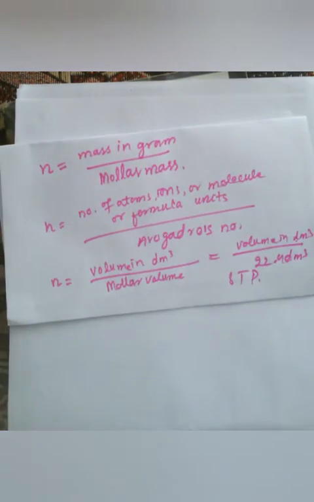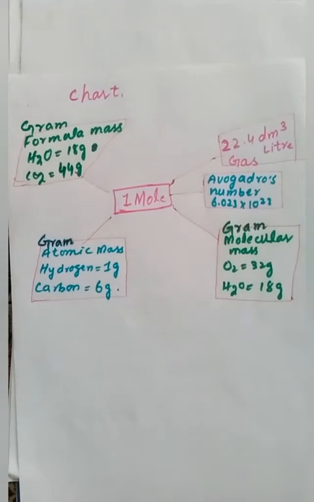These are the few formulas you should memorize for mole calculations. Okay student, you have to memorize this chart. It is very important, especially for competitive examinations. After this I will solve competitive examination MCQs.